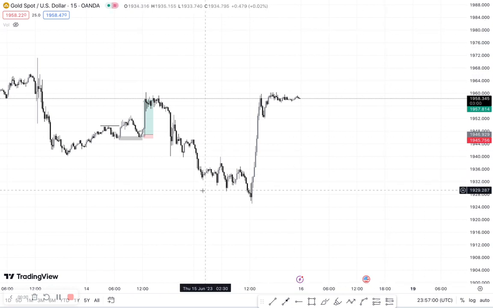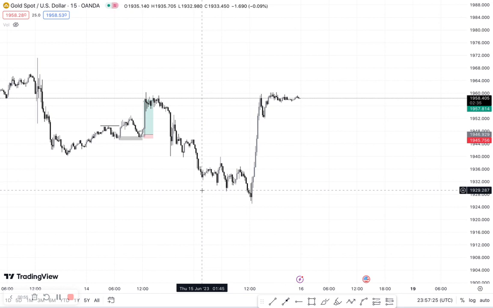We have several structures, such as the uptrend, the downtrend, the consolidation market, the ranging market, and the choppy. The ranging and the consolidation are still the same thing. When the market is giving you a series of higher highs and higher lows, it simply means it's an uptrend.